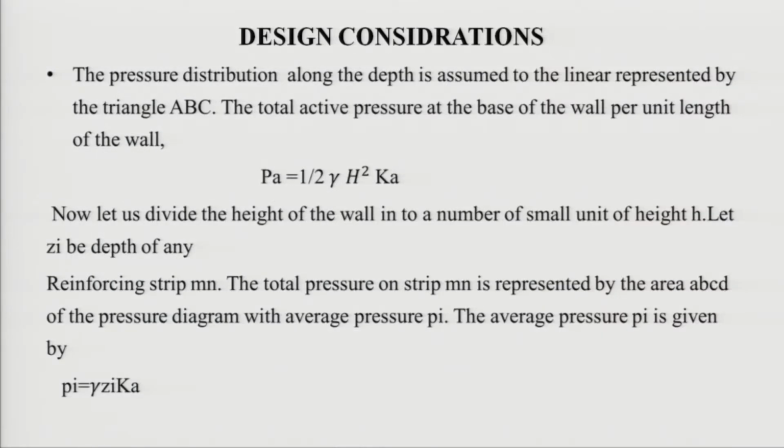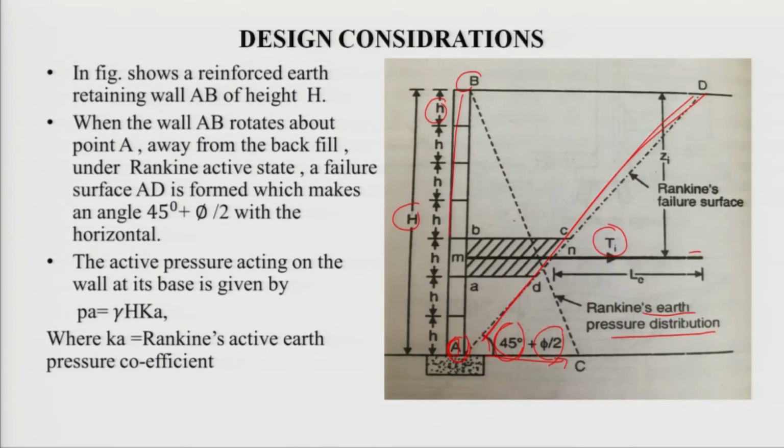The pressure distribution along the depth is assumed to be linear, represented by a triangle ABC. This is a triangle A, B and C.